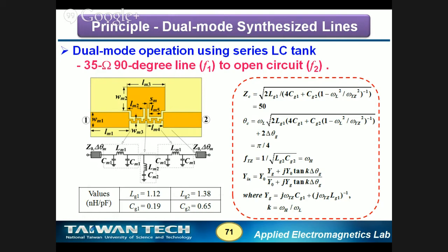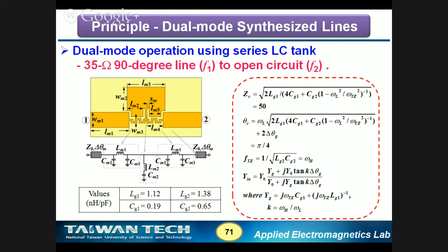Let me check how many conditions we must have. At the low frequency, we must have the characteristic impedance of the line equal to 35 ohm at the center frequency. Also, at the same frequency, we must have the overall electrical length equal to 90 degrees.